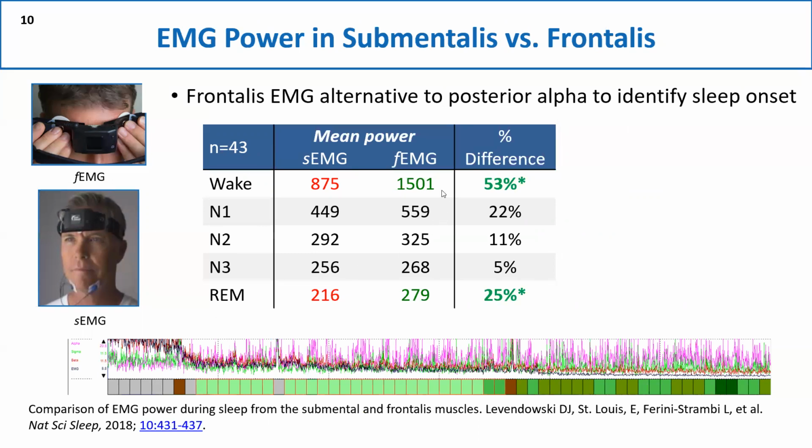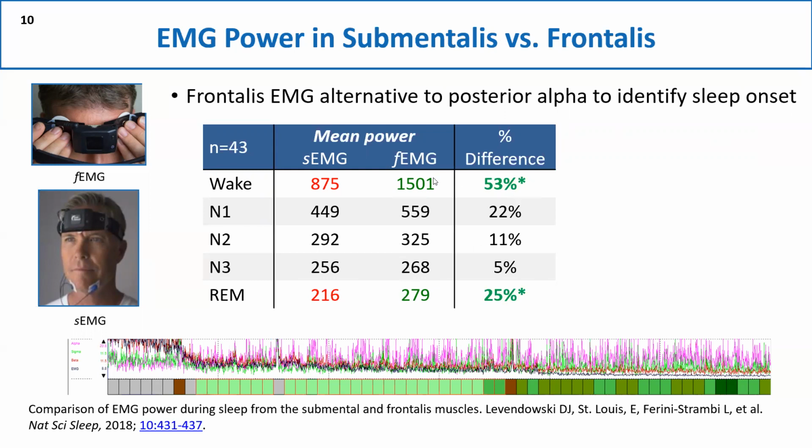And then we took the EMG power that is embedded in the EEG. So we're talking about taking a high-pass filter that is pulling all of the power information above 40 hertz and saying, what are those units of power on average that we get from the frontalis during the same epochs that were staged wake all the way through REM?